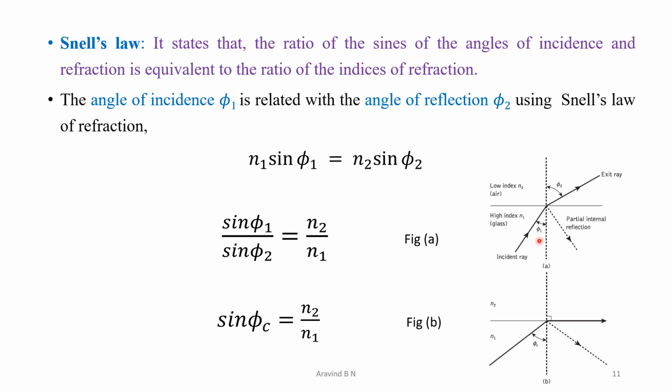Compared to the earlier expression, phi 1 is replaced by phi c, and the angle of refraction phi 2 becomes 90 degrees. Making these substitutions, we get sin phi c on the left, and sin 90, which equals 1, on the right. Therefore, the complete expression reduces to sin phi c equals n2 divided by n1. This is the critical angle calculation.